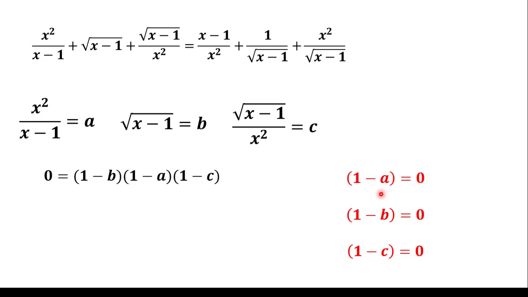And finally, we can say a equals 1, b equals 1, and c equals 1. So x squared over x minus 1 equals 1, square root of x minus 1 equals 1, and square root of x minus 1 over x squared equals 1.